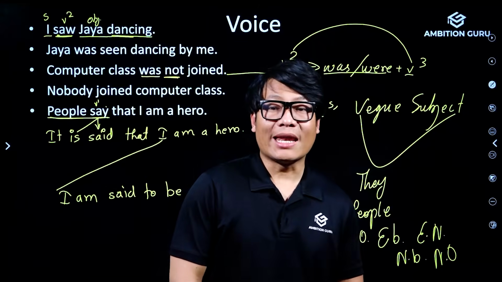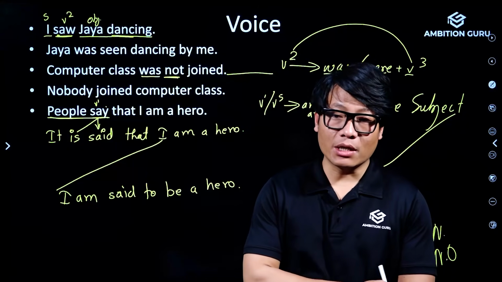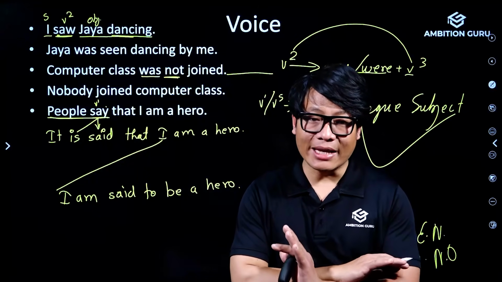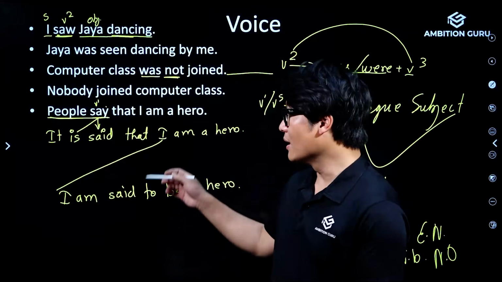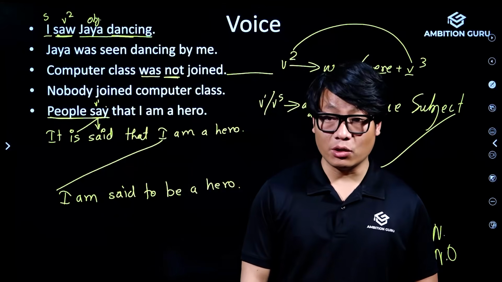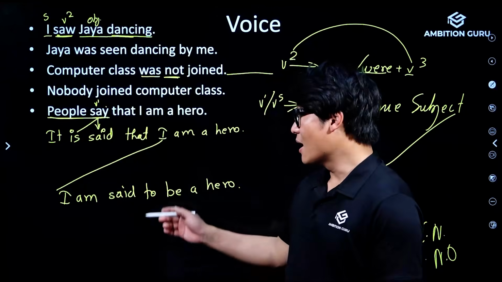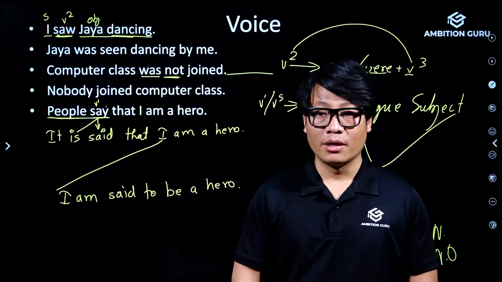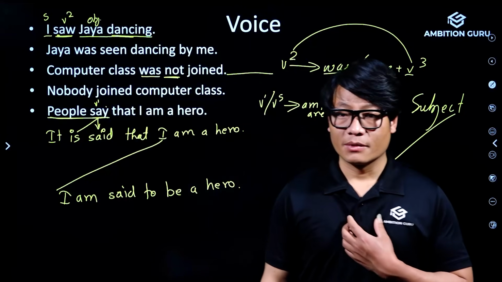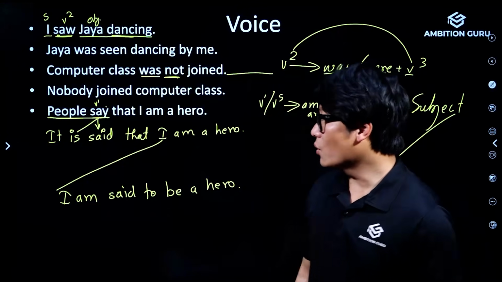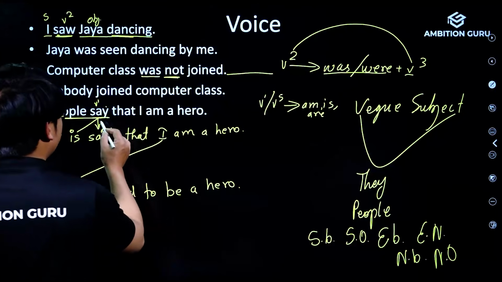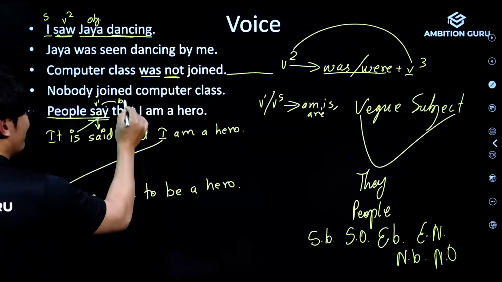So you can go with any answer. You can go with "it is said that I am a hero", or you can say "I am said to be a hero". Okay, very good.